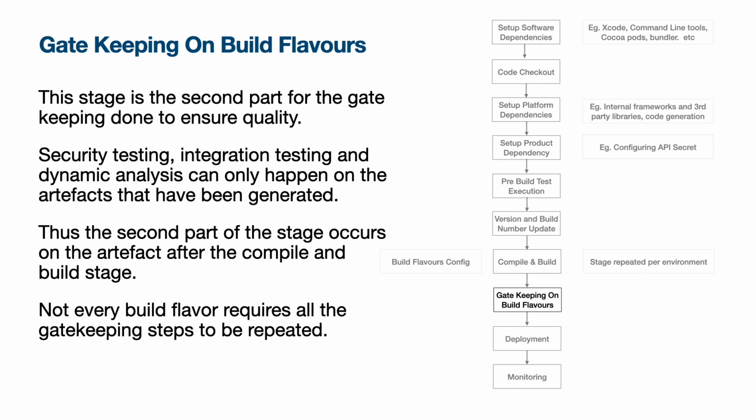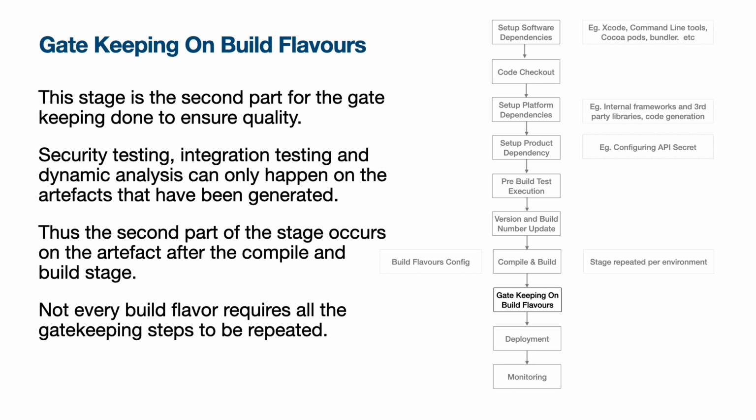The choice again is on the organization to define what happens where. Typically, dynamic analysis would be done on the production artifact, whereas the security testing would be done on a dedicated environment.